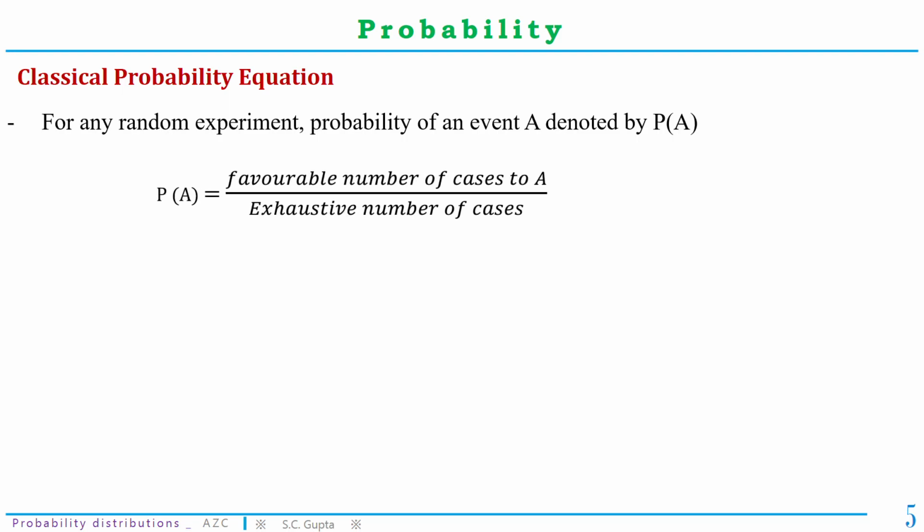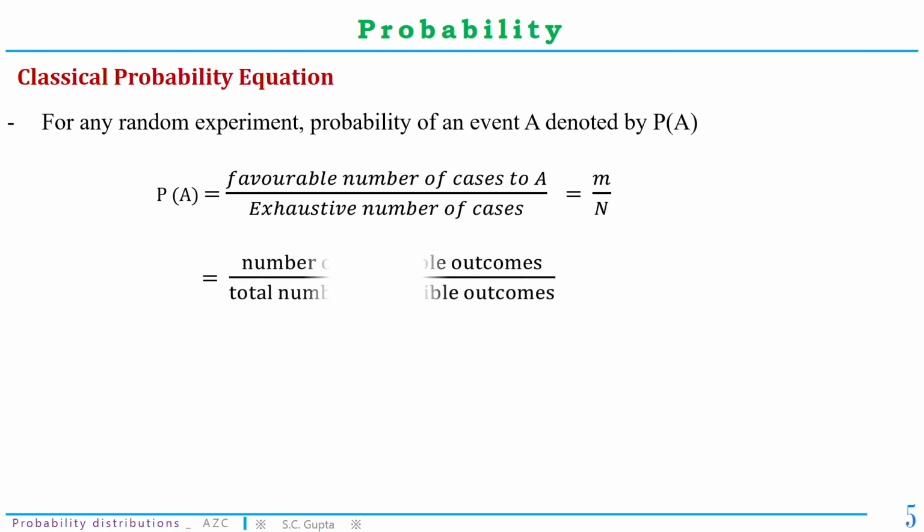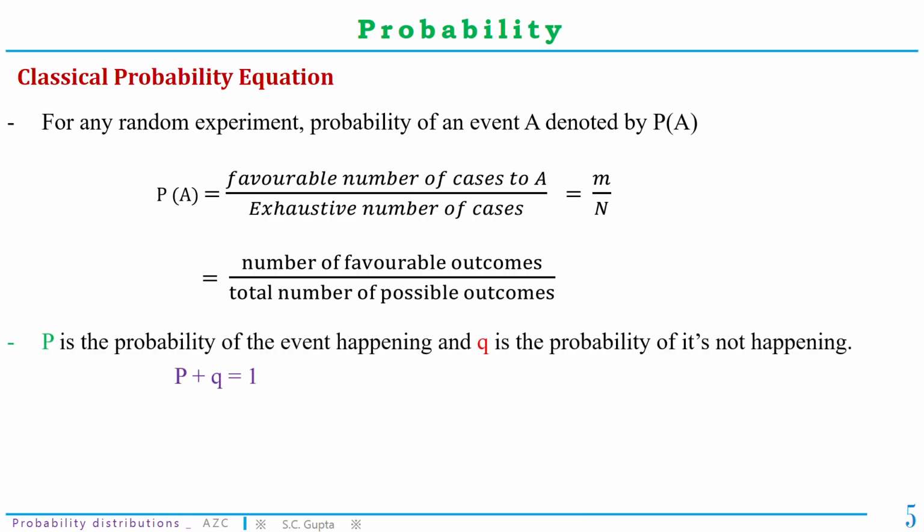Equation is favorable number of cases to A divided by exhaustive number of cases, symbolically M divided by N. Simple form of probability equation is number of favorable outcomes divided by total number of possible outcomes. P is the probability of the event happening, and Q is the probability of its not happening. P plus Q is equal to 1.